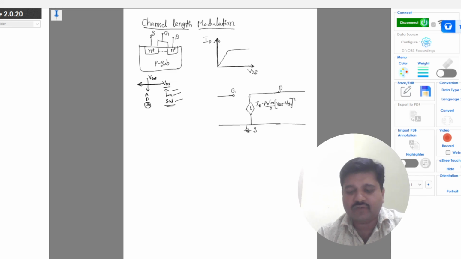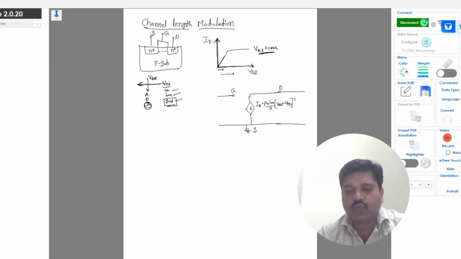So what happens when the device is operating in the saturation region? For the output characteristics, consider a constant value of VGS, that means the vertical field is already in the inversion region, and we are varying the VDS. Initially, when we start varying the VDS, the output current varies linearly with respect to VDS.